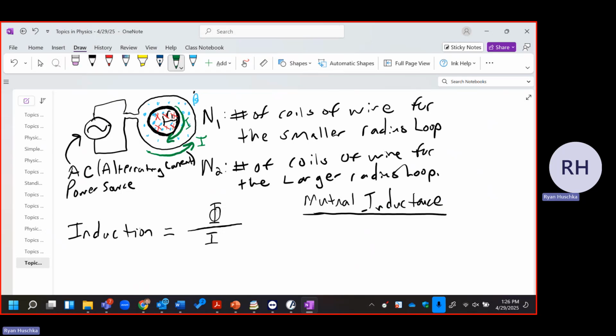How do we distinguish between the currents? Should we call the current going around the outer loop current 2 or current 1? Current 2, since we've done everything else with the outer loop as 2. And we could give a little 1 right there next to the inner current.